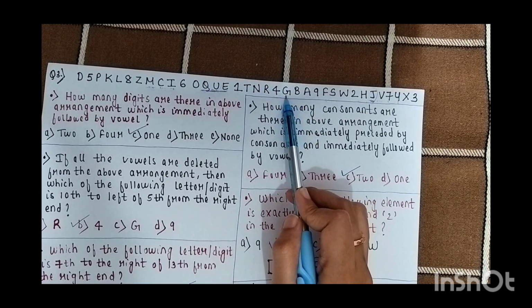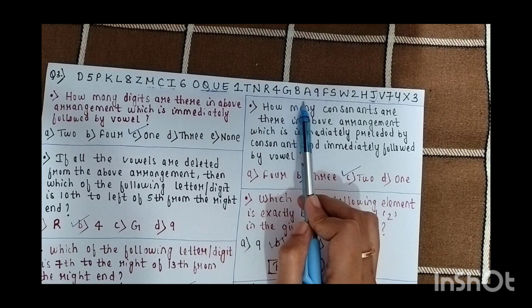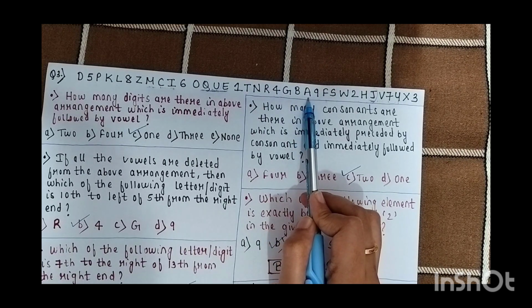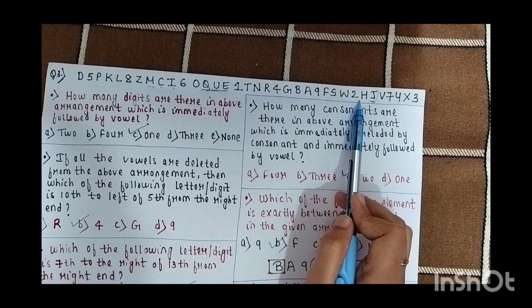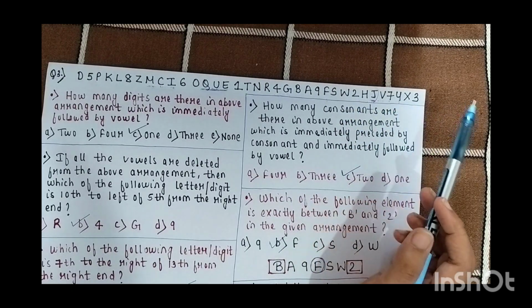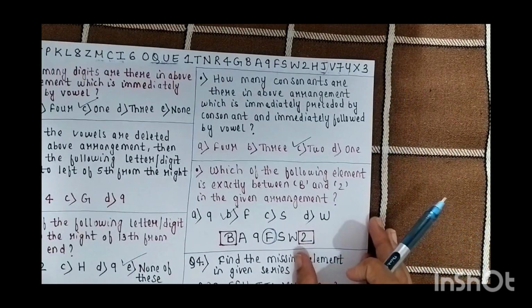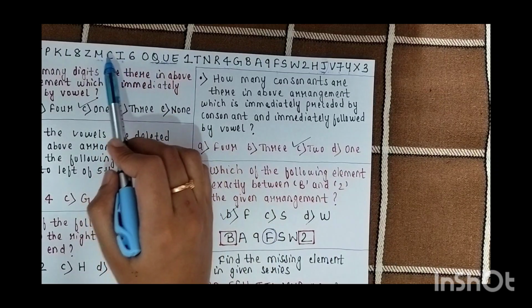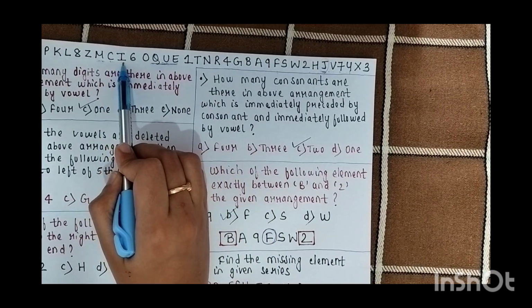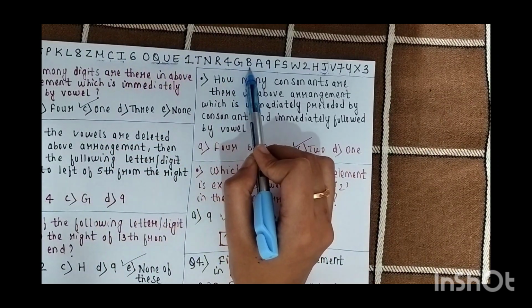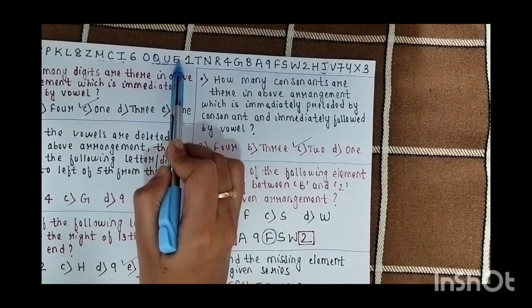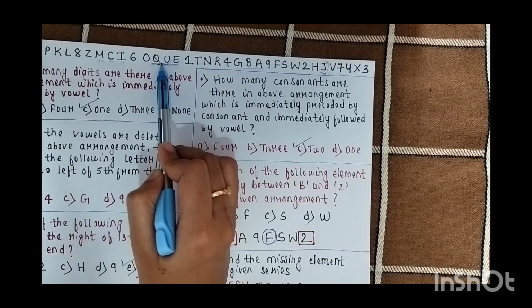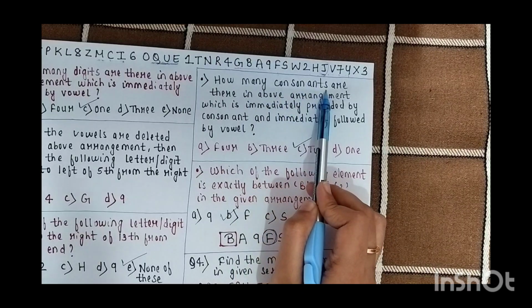So it is immediately preceded by a consonant, immediately followed by a vowel. Okay. Anywhere else you can see that pattern? I think so, no. So 2 is the correct option. Okay. One is this MCI. Okay. And GBA. Okay. This can't be because U is a vowel. Here they have asked how many consonants. Okay.